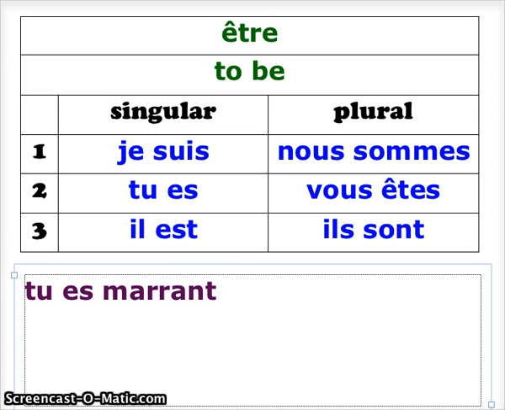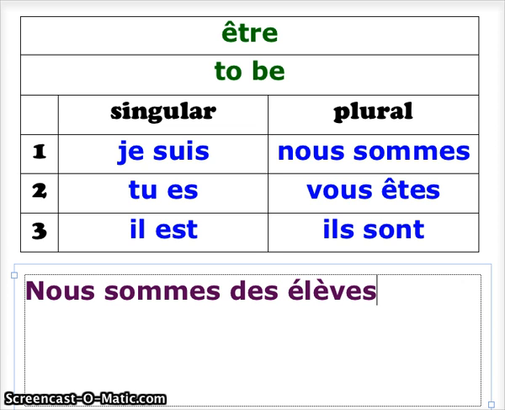So make sure you still have to make those agreements with adjectives, even though they're not right next to the noun. It still has to match your subject. Okay? Just thought I'd mention that. But you can have other sentences like nous sommes des élèves.